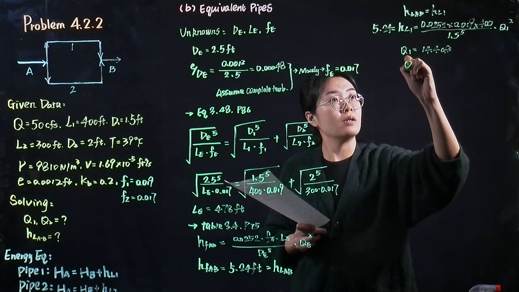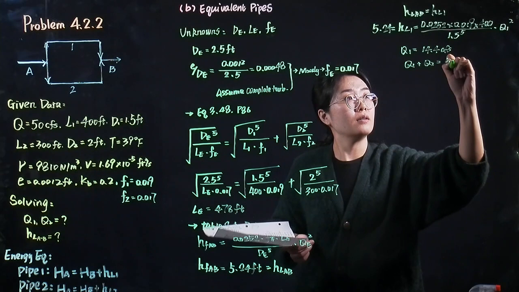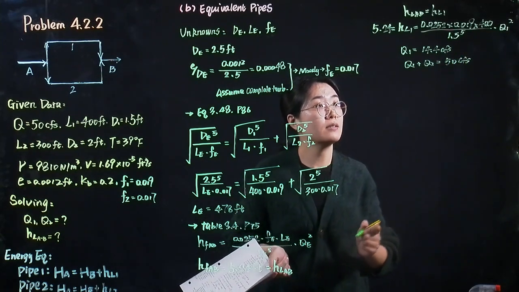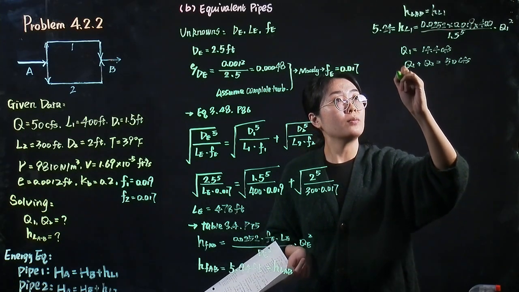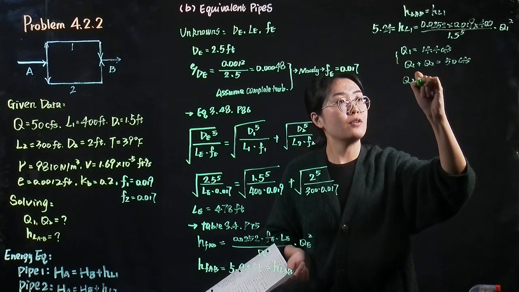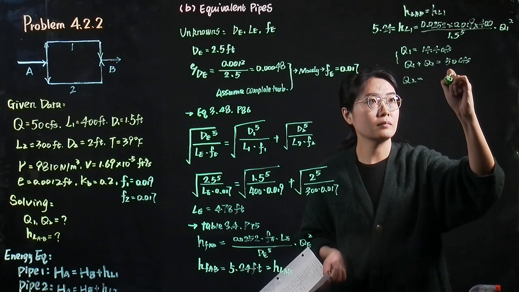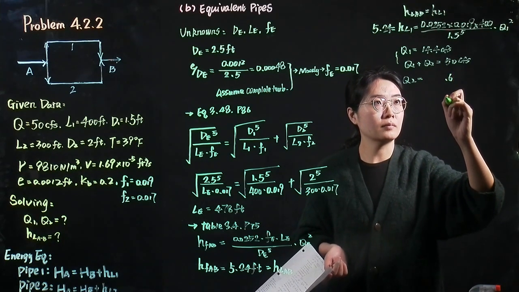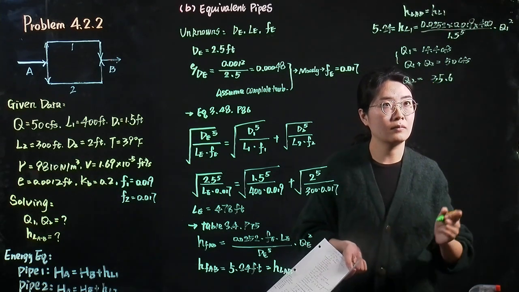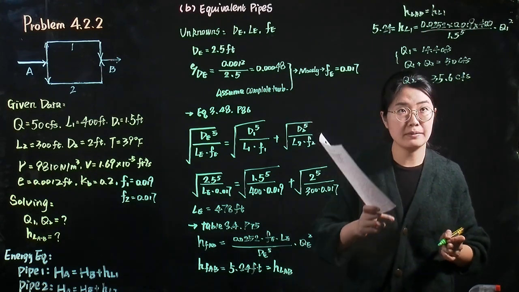And because Q1 plus Q2 is 50 cubic feet per second, we can get the flow rate in pipeline 2, which equals to 35.6 cubic feet per second.